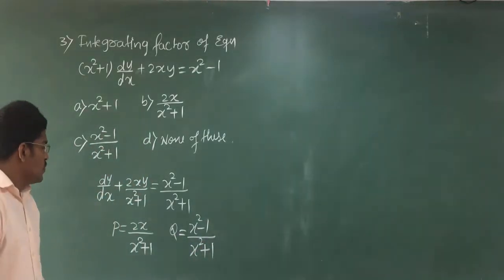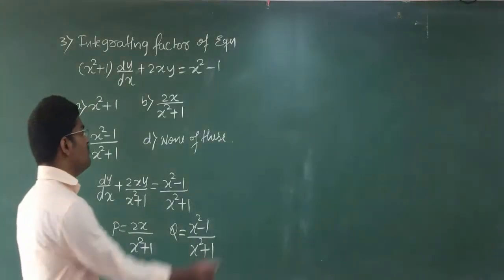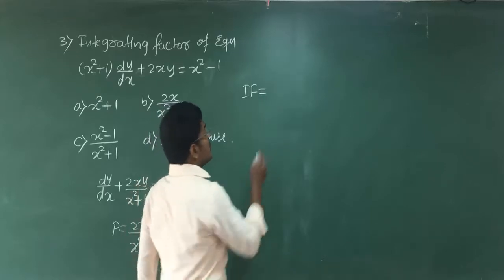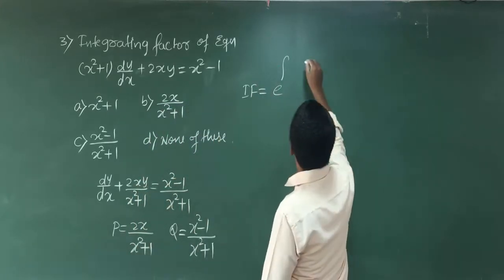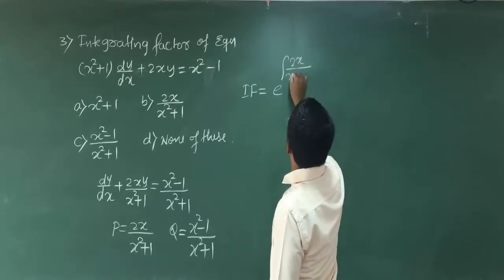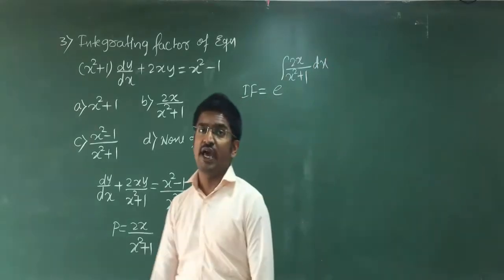So using p you have to find the integrating factor. So that will be IF equal to e to the power of integration of 2x divided by x square plus 1 with respect to dx.